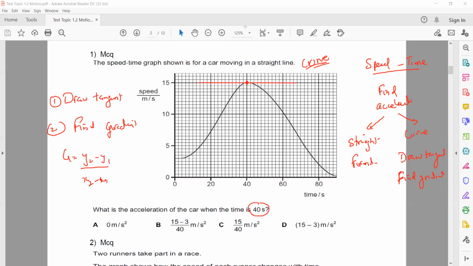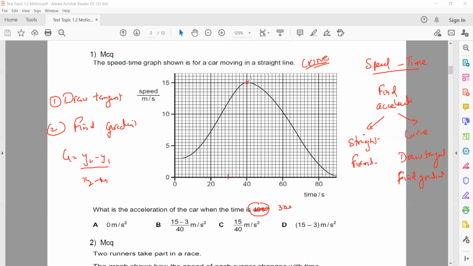In the same way, if the question asked to find the acceleration when time is equal to 30 seconds, like here, this is 30, but that 30 is in a straight part. When it is in a straight part, you don't have to draw the tangent. You can use a formula and find the acceleration. But at 40 seconds it is not a straight line, it is a curve.